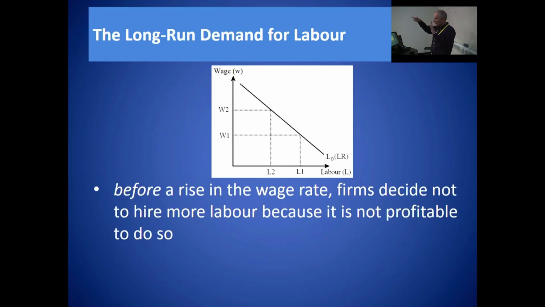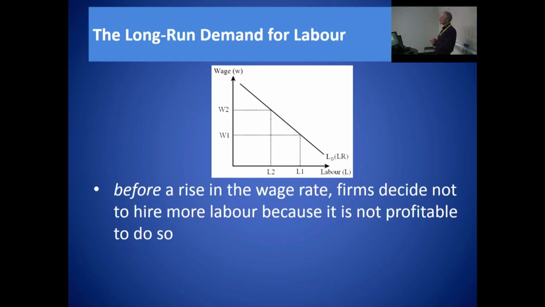Now, were that long-run factor demand schedule to slope upwards, what would that imply? That would imply that as the price of labour increased, the wage increased, a firm would respond by employing more workers. That's what it would mean if it sloped upwards. What we're saying here is, if the wage rate goes up, if the price of labour goes up, the firm will respond by cutting the amount of labour it employs.